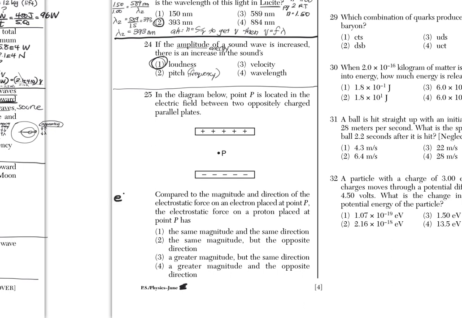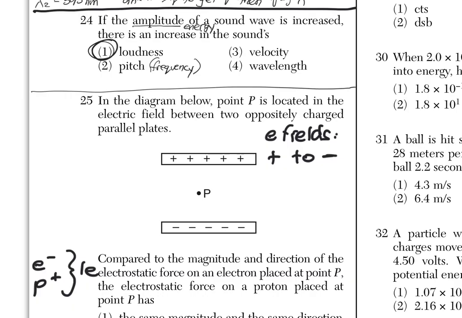So the electron and the proton, they are both one elementary charge. The proton's positive, the electron's negative, but they have the same elementary charge. And we know from number 11 that the electric field shows the path a loose positive charge would follow in that field, which is away from positive and towards negative.